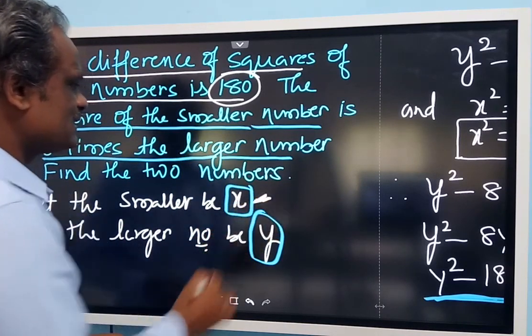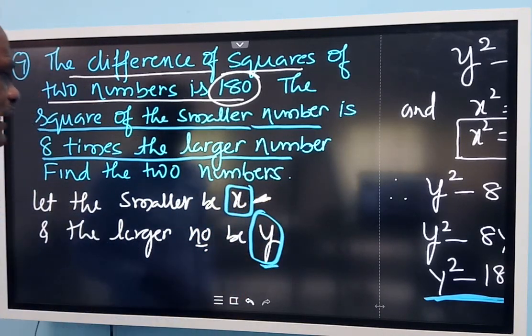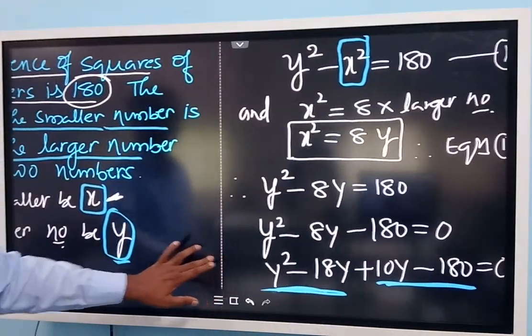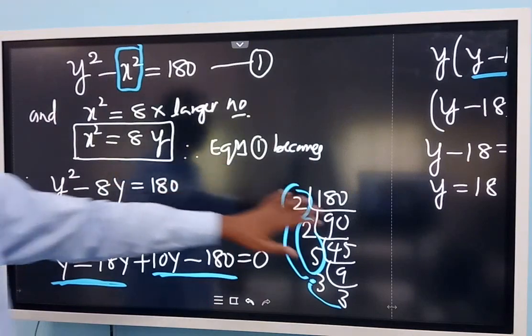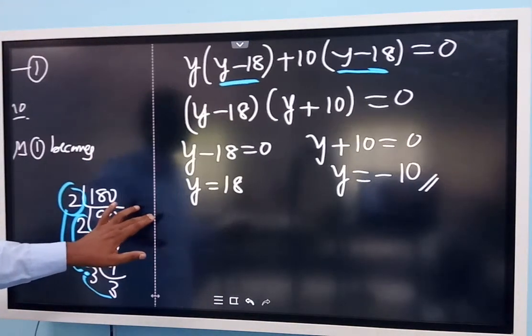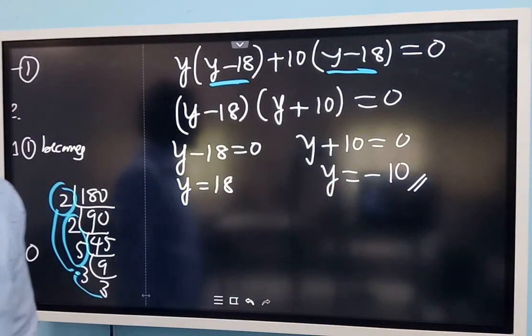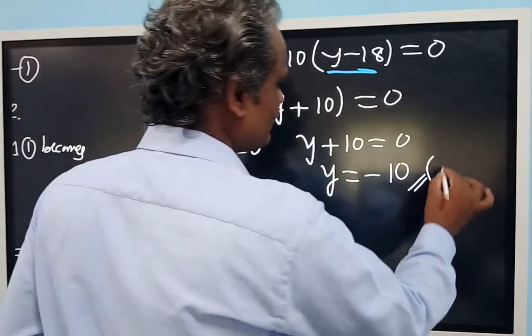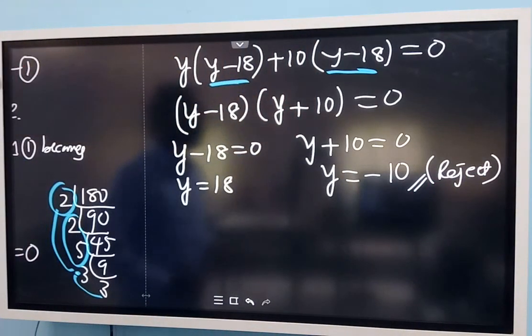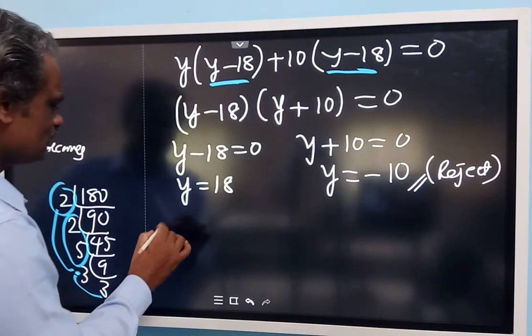Smaller number is x, larger number is y. So 8 times the larger number is equal to the square of the smaller number. Therefore, it cannot take the negative value. You have to reject this one. So the larger number cannot be minus. Therefore y is equal to 18.